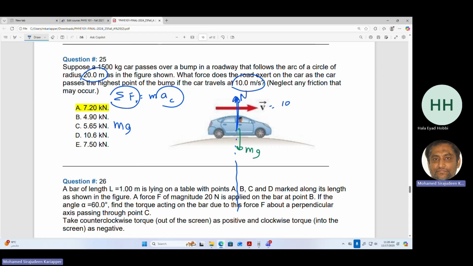Taking downward as the positive direction, mg minus N, that is the net force in the radial direction, equals mass multiplied by centripetal acceleration. And you should not forget that the centripetal acceleration is v squared divided by the radius of the circle.